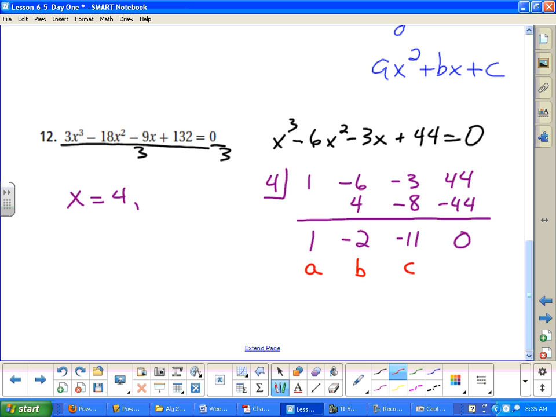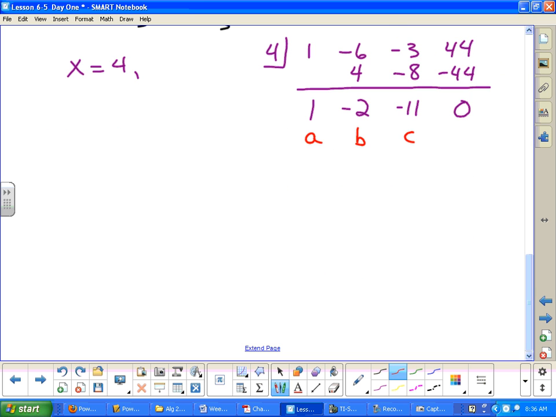And I know I can't factor that because the factors of -11 are 11 and 1, and they don't add up to 2. So I'd have to use the quadratic formula then. All right, so let's try that one again.